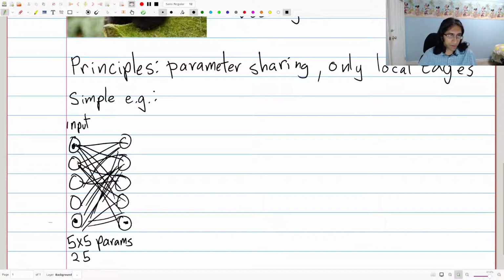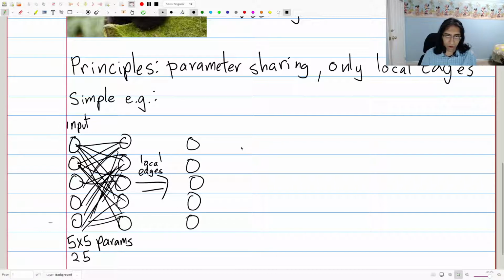You don't necessarily need to look at both of them at the same time, because you won't learn anything from them simultaneously. So what we're going to do is modify this to only look at local edges. We're just going to drop several of these edges, and that'll reduce the number of parameters.